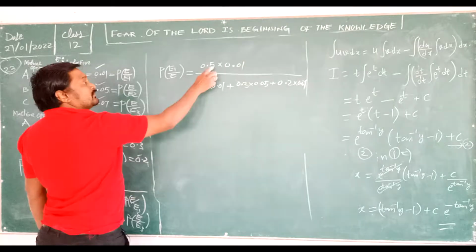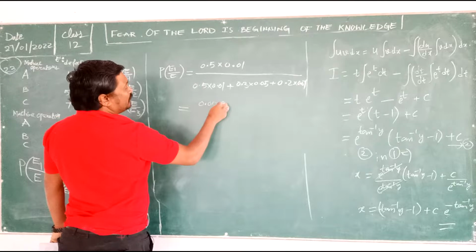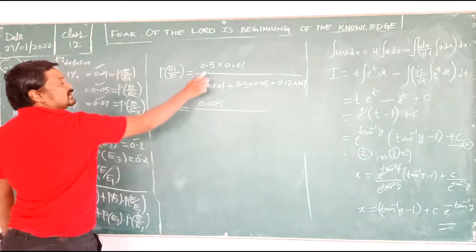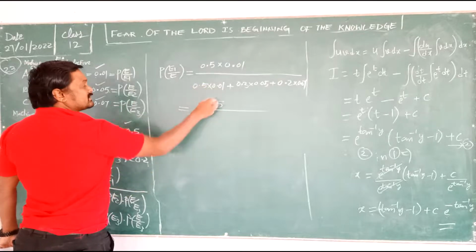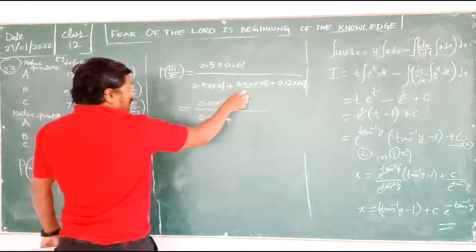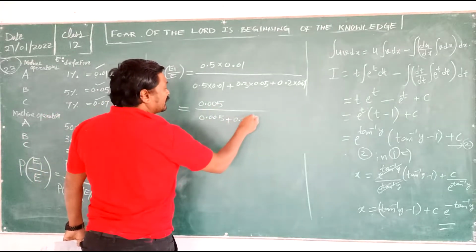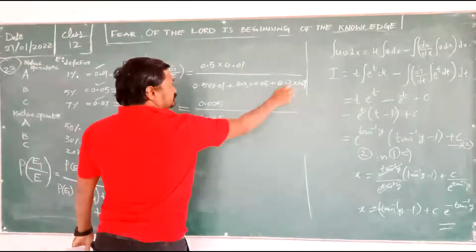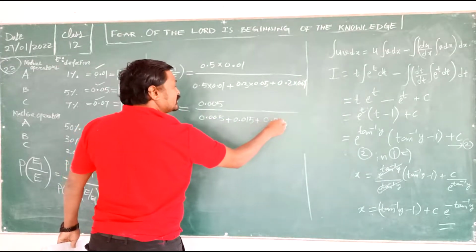You are going to get 0.005 when you multiply, and this 0.015 plus, and you multiply 0.2 into 0.07, 7 twos are 14, so 0.014.